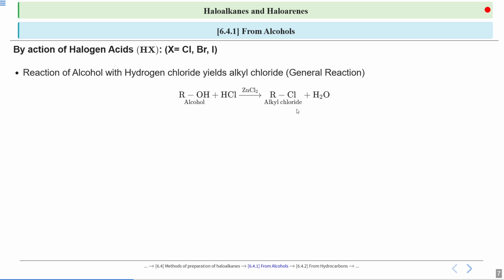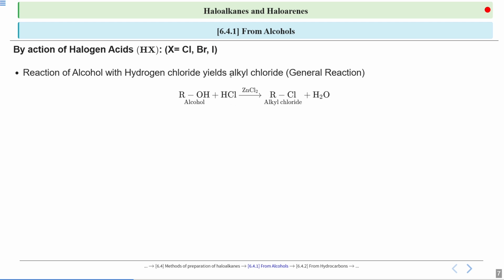So this is the general reaction including the alcohol, ROH. This is the general representation for alcohols, where OH is the representation for the alcohol functional group. So ROH plus hydrogen chloride: what is going to happen? The hydroxyl group from the alcohol is going to be replaced by chlorine, and you will get RCl.